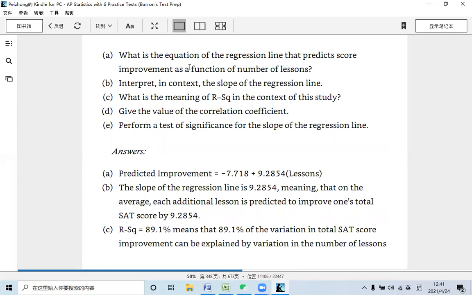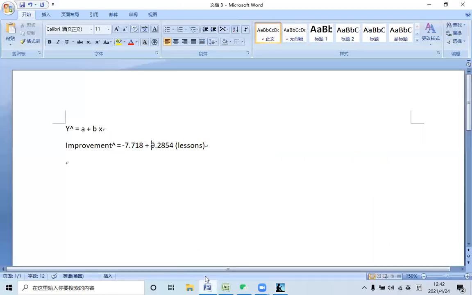Let's look at a question. What is the equation of the regression line? Yeah, we just figured it out. Predicted improvement, this will be the predicted y, with a little hat here. I should write predicted, but that's okay.